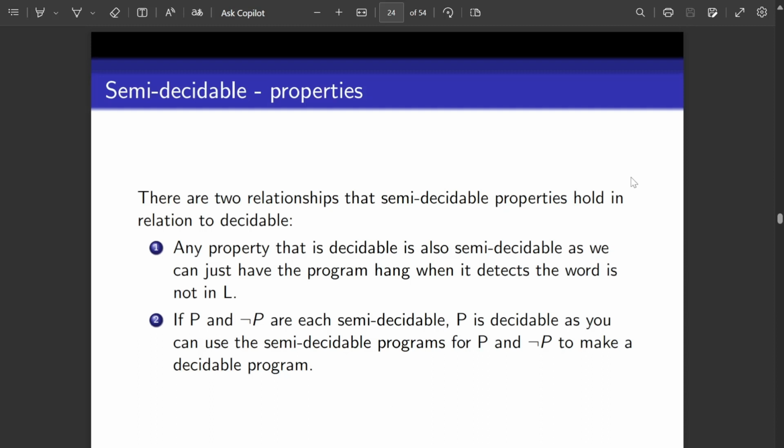And if P and not P are each semi-decidable, the property P overall is decidable, because you can surely say, using the semi-decidable machine for P, that the word is in the language, and the semi-decidable machine for not P to say it's not in the language, and both of them together make a decidable machine for P. Does that also make sense to everybody?